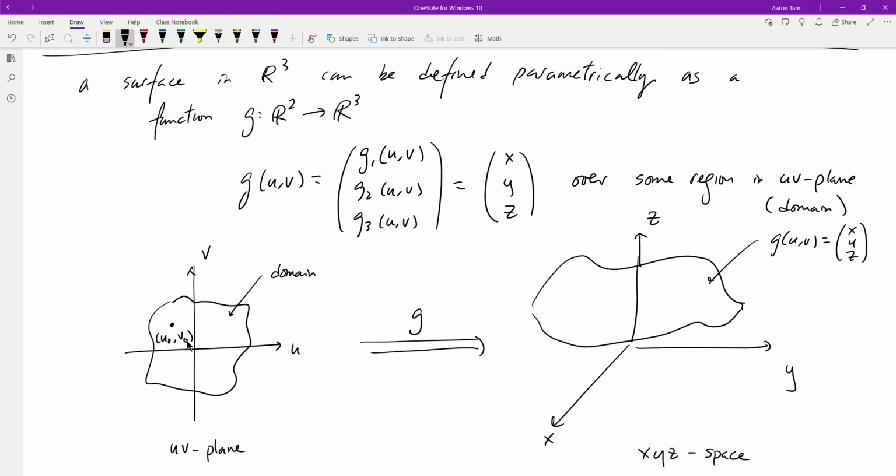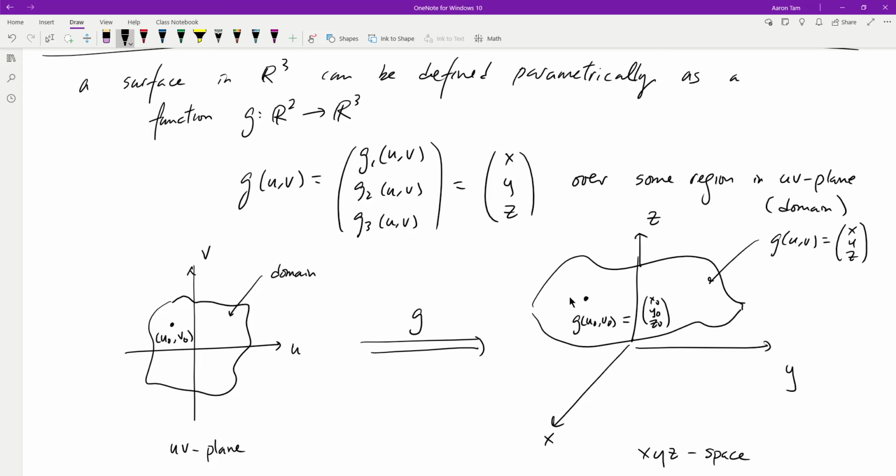I'm picking quadrant 2, but it doesn't really matter. That point corresponds to a point right here, which is g of u sub 0, v sub 0, and I can say this is equal to x sub 0, y sub 0, z sub 0.